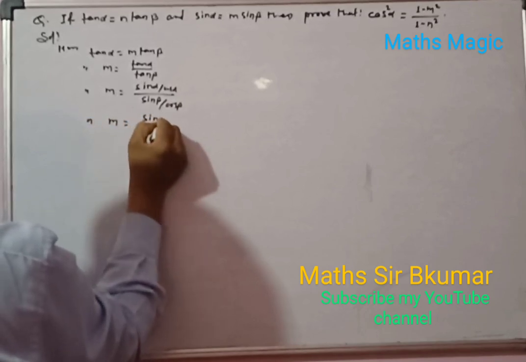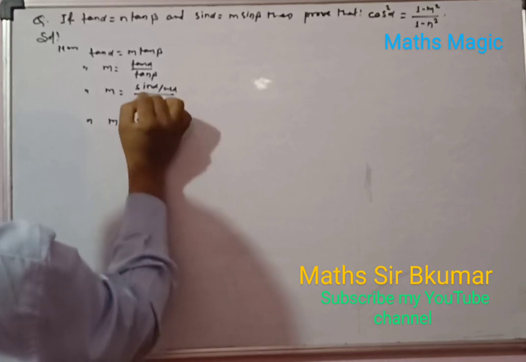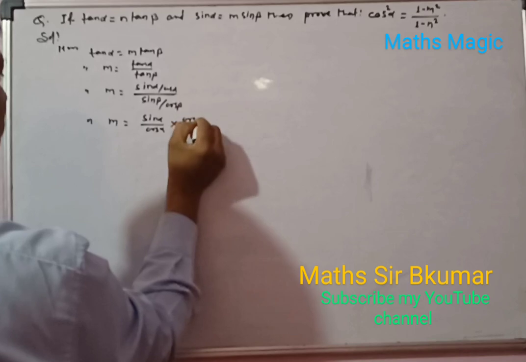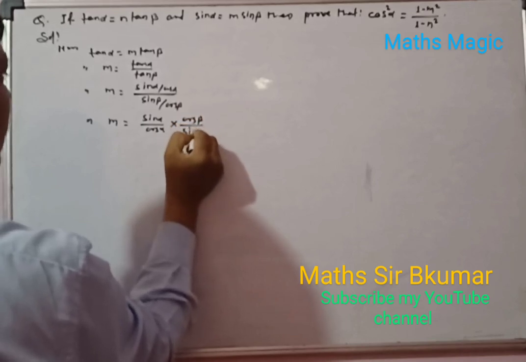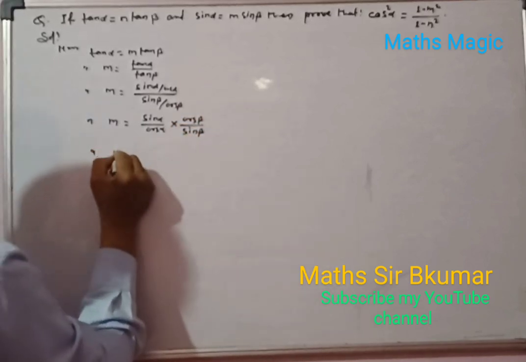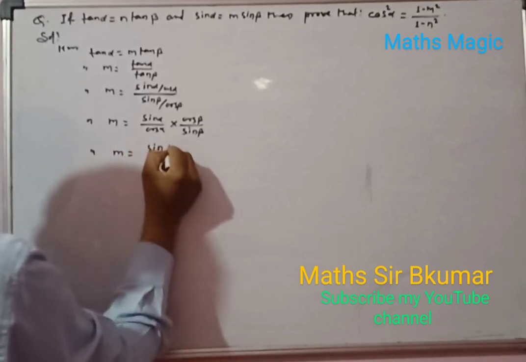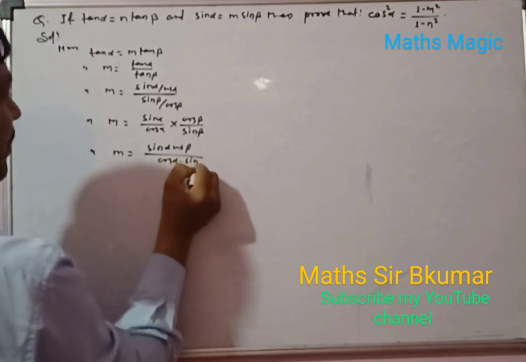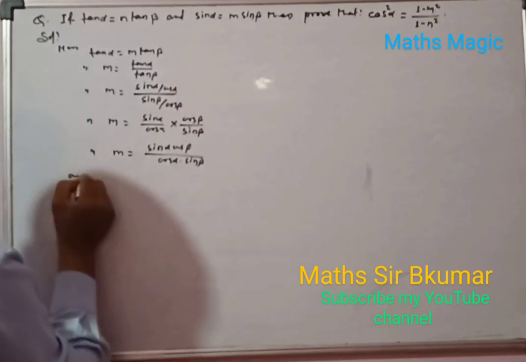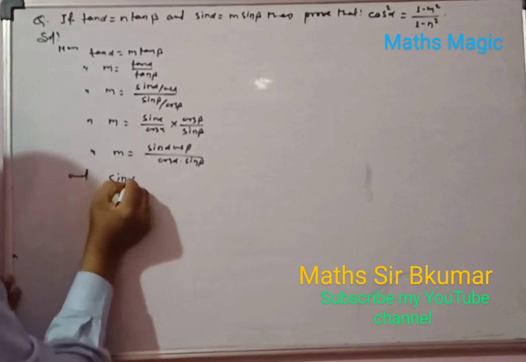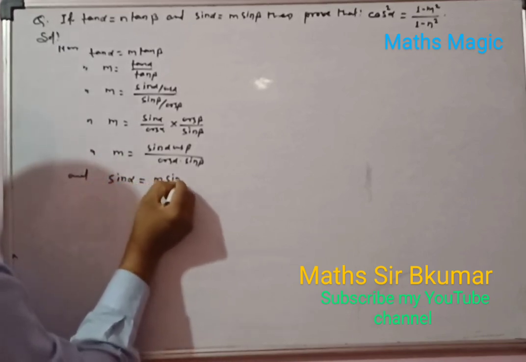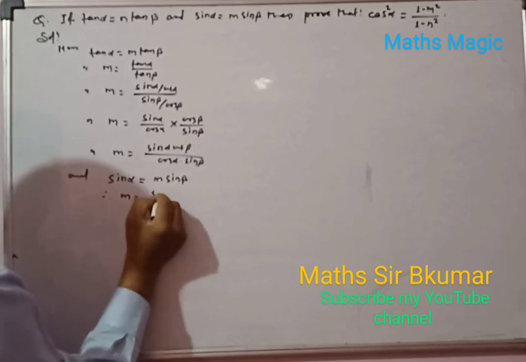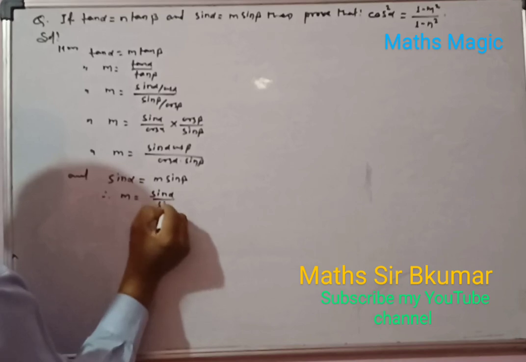Then by the law of fractions, multiplying, the reciprocal will come here: cos beta by sin beta, and n equal to sin alpha cos beta divided by cos alpha sin beta, and sin alpha equal to m sin beta. Therefore, m equal to sin alpha by sin beta.